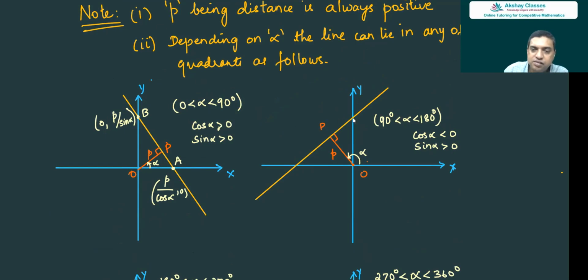Now here, this is B, 0 comma P upon sin alpha. And this is A, P upon cos alpha, comma 0.